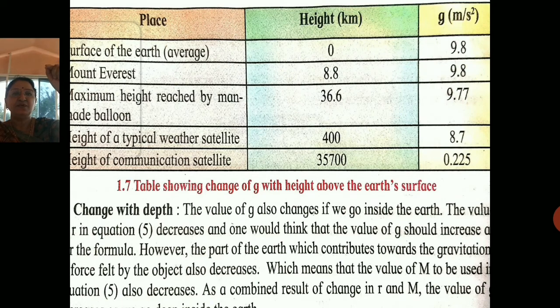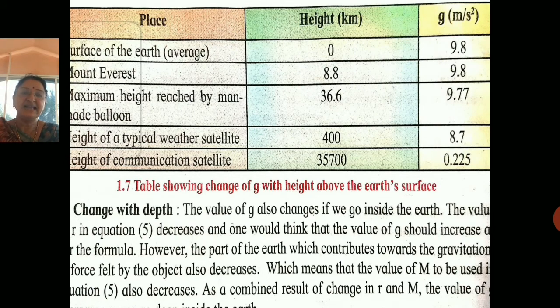As we move towards the center of earth, the radius decreases. According to mathematics, the value of g is inversely proportional to r square. As the value of r decreases, according to mathematics, its value must increase.